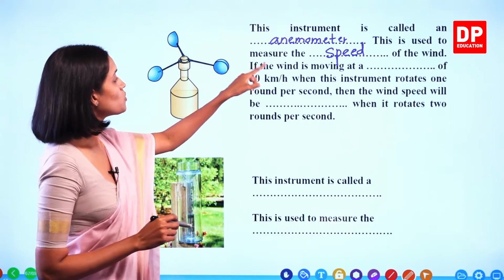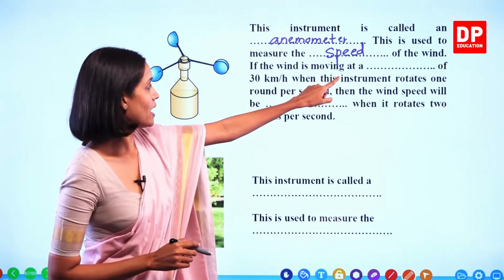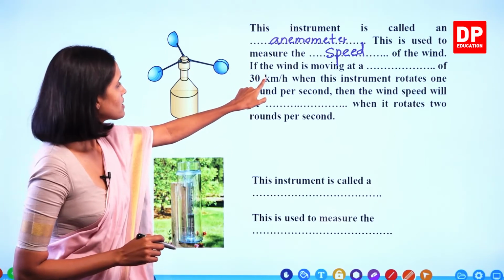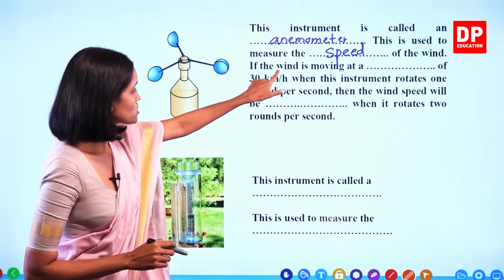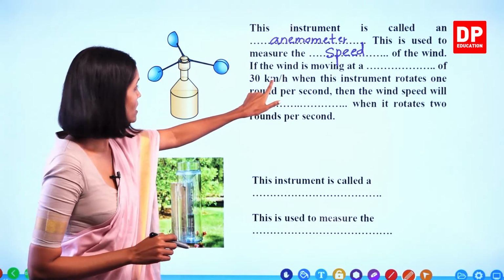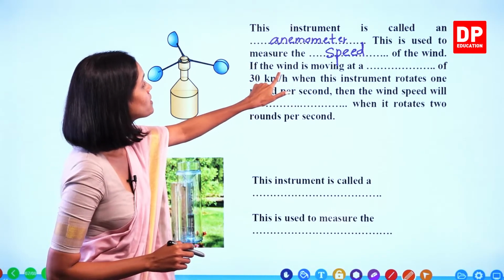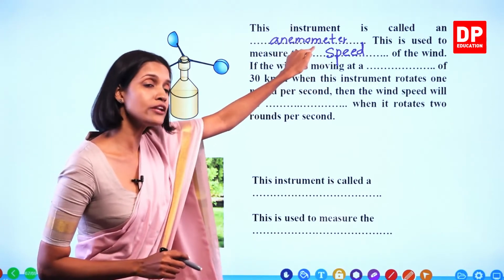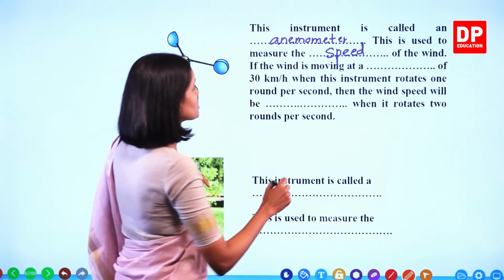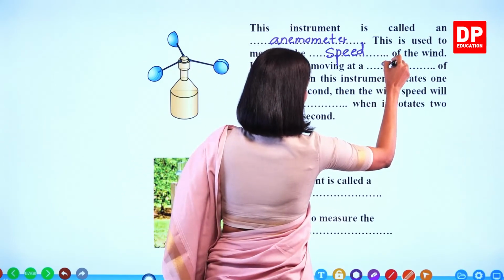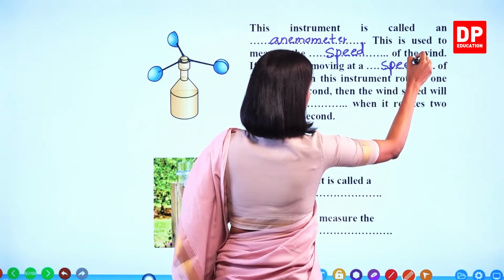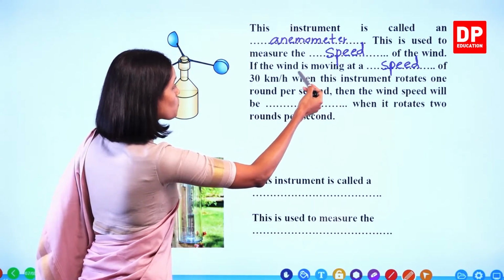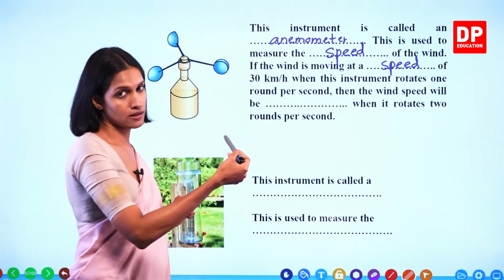If the wind is moving at a blank of 30, how to read this? Kilometers slash h means this is hour, right? 30 kilometers per hour. So if the wind is moving at a speed of 30 kilometers per hour, when this instrument rotates 1 round per second, right?